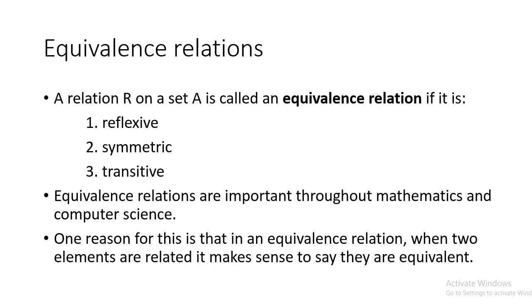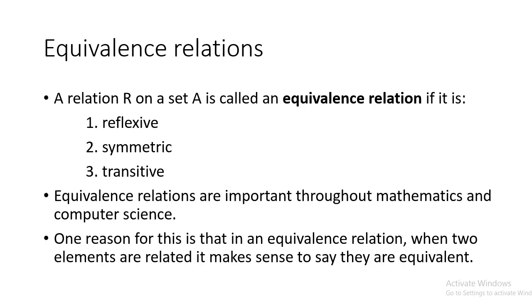Our next point is equivalence relations. Up to this point, we have seen all the properties of binary relations. Which are those? The first is reflexive, then symmetric, transitive, irreflexive, and antisymmetric. Now we will see our next point, which is equivalence relations. What is an equivalence relation?